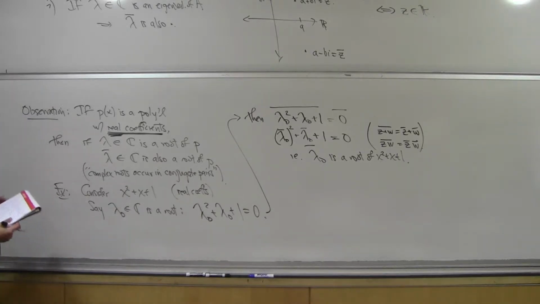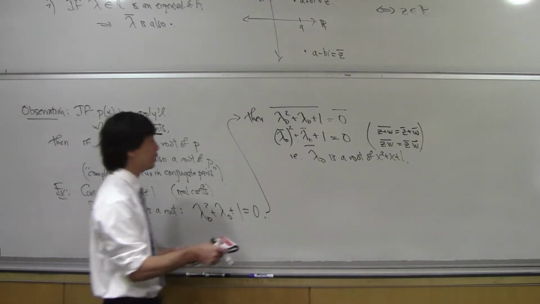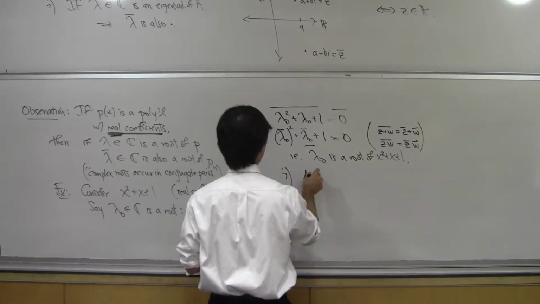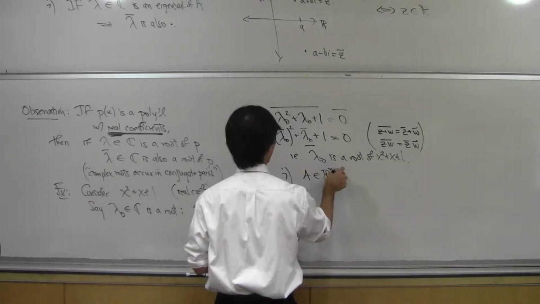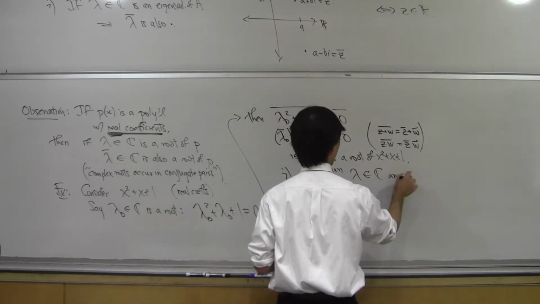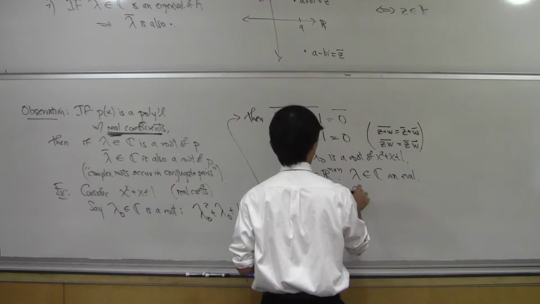Now let's get back to simple observation number 1, which was that if A is a real matrix and lambda is an eigenvalue, then lambda bar is an eigenvalue.